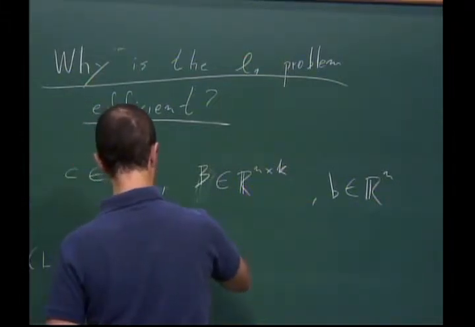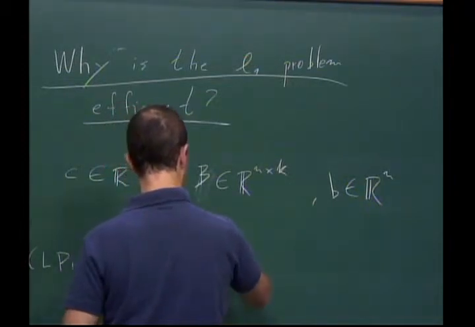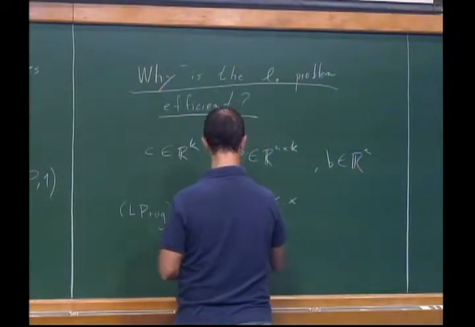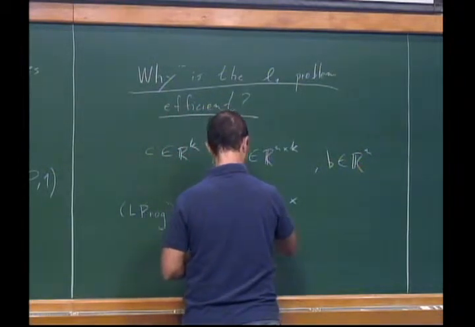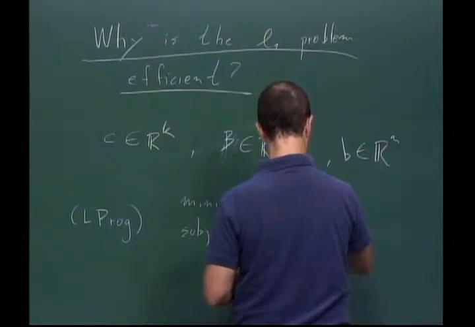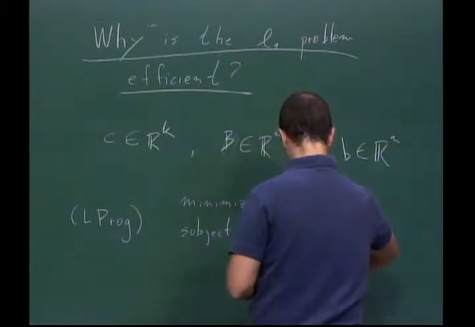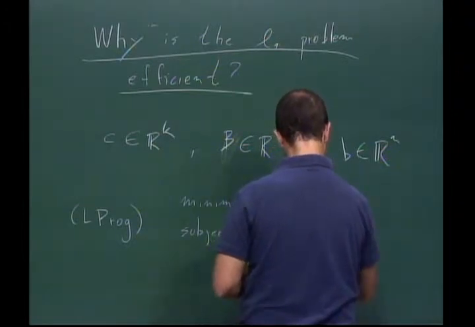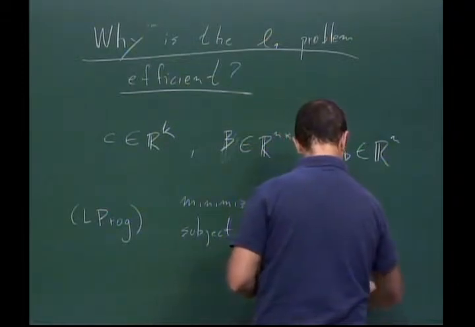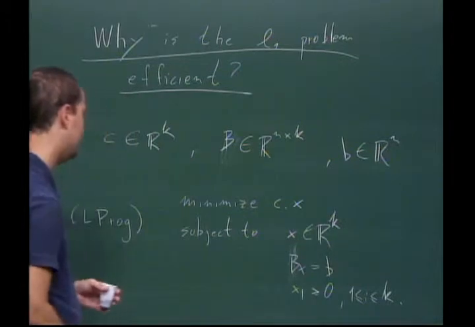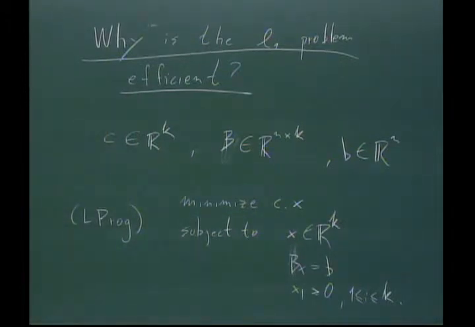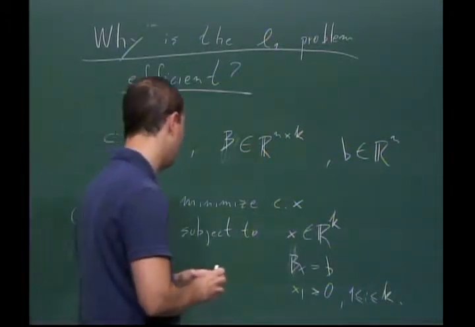So it would be: minimize the inner product of c and x subject to x being a vector in R^k, B times x being equal to the vector b, and the coordinates of x being non-negative. This is not necessarily the most general linear program there is, but it is general enough for our purposes.